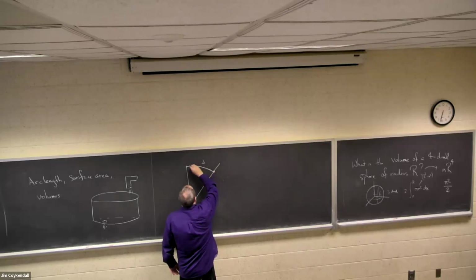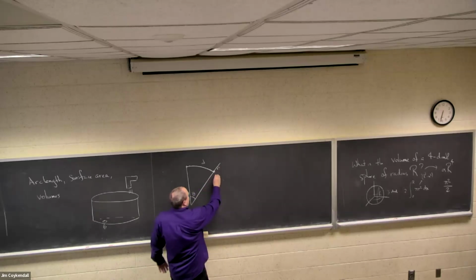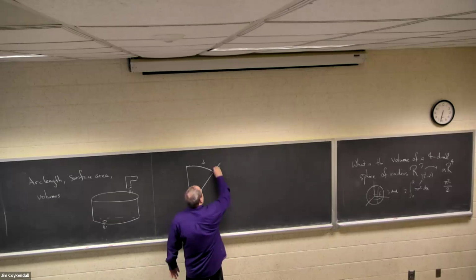Right, which if the sun's coming this way, then the shadow would be parallel. Right there. So, of course, there's a little bit of curvature here, a little bit of error.